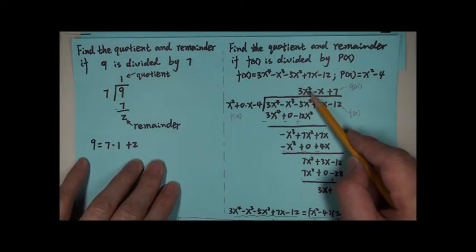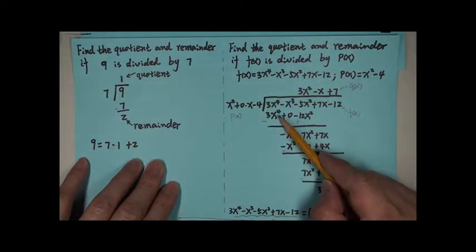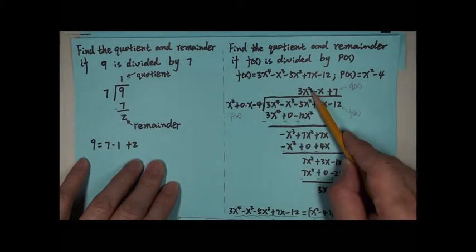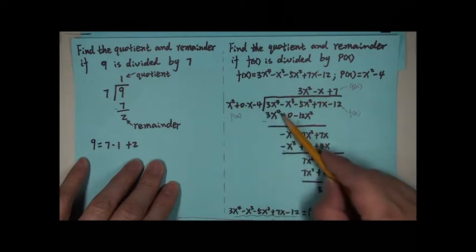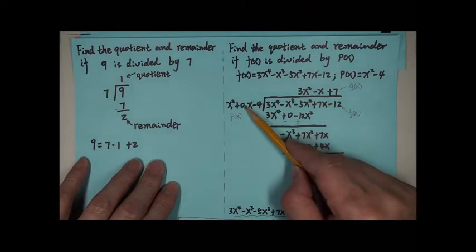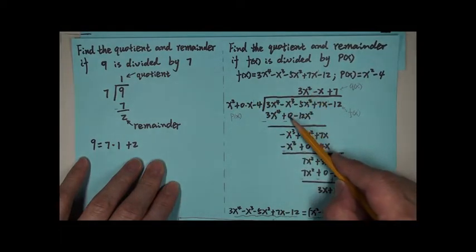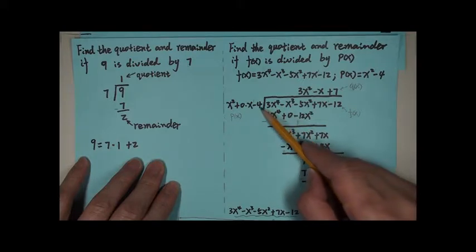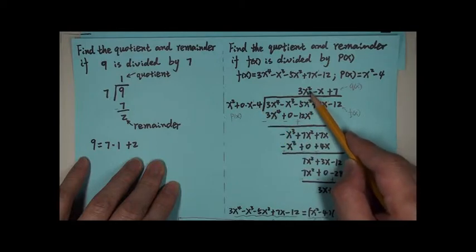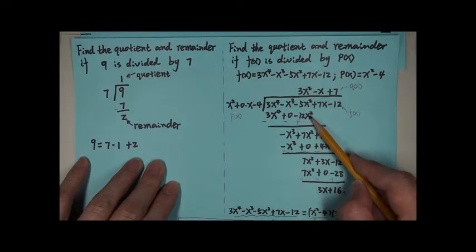Now, 3x squared times x squared is 3x to the fourth, because 2 plus 2 is 4. This x term is still 0, because 0 times 3x squared is 0. And then negative 4 times 3x squared is negative 12x squared.